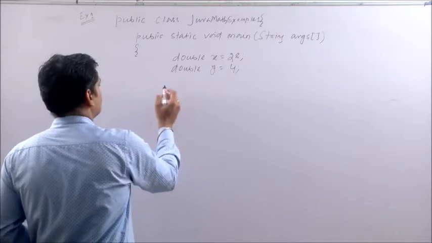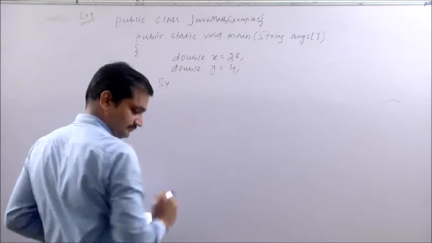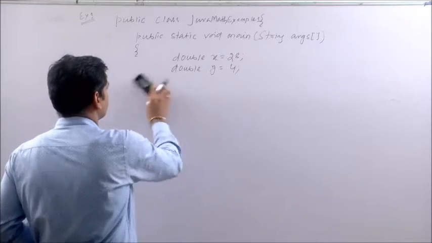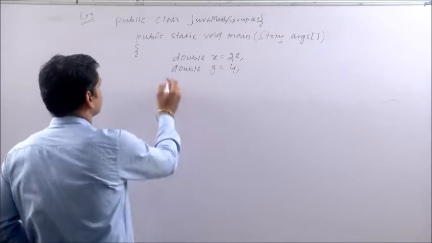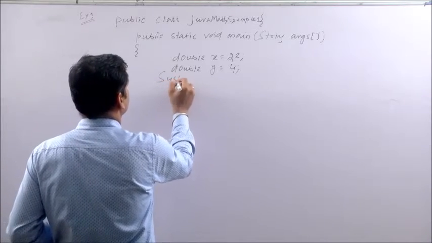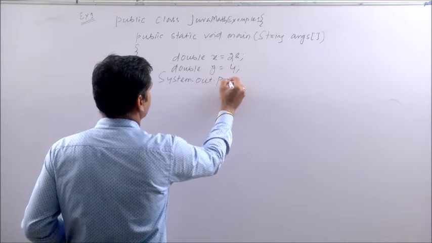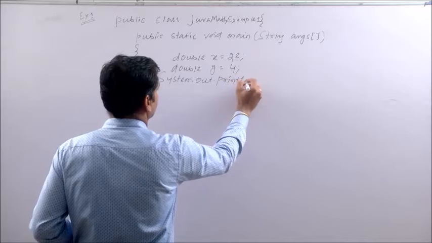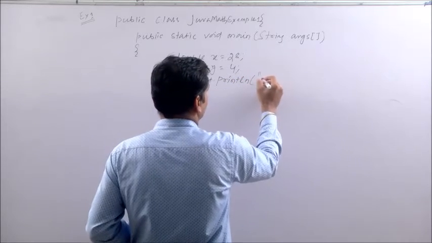The first method we will use is max. See how it is. System.out.println, maximum of x and y is.